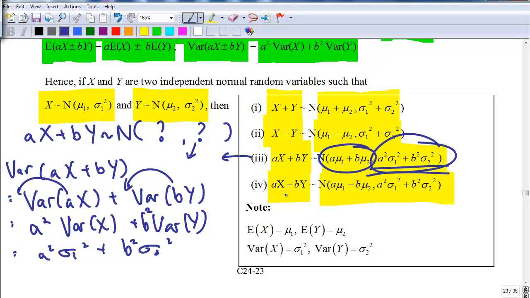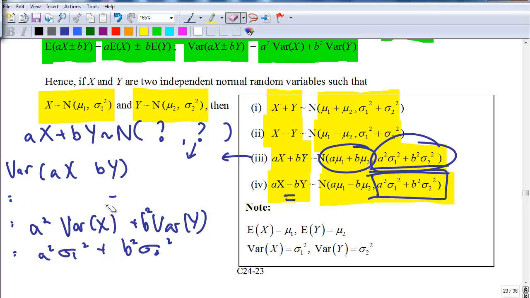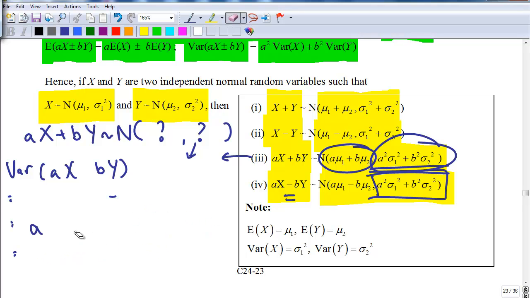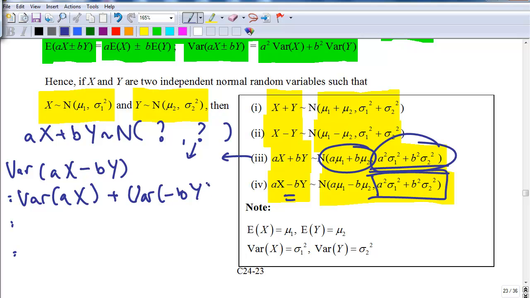Now the version for minus is a little bit more tricky. Let me show you how to find the variance of aX minus bY. Let's do it step by step again. Variance of aX. Now I will put a plus here, and I will put a minus bY here. Okay, everything is still the same, no change.